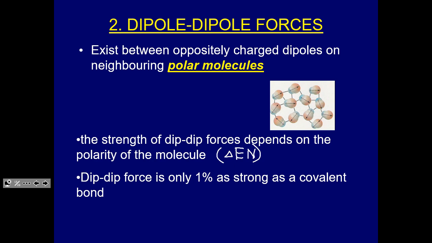In that example that we did at the beginning where we were drawing the difference between inter and intra, that was a dipole-dipole force between those HCl's. Dipole-dipole forces are only 1% as strong as a covalent bond. So again, they're much weaker than covalent bonds. Okay, let's do a couple of examples of these.